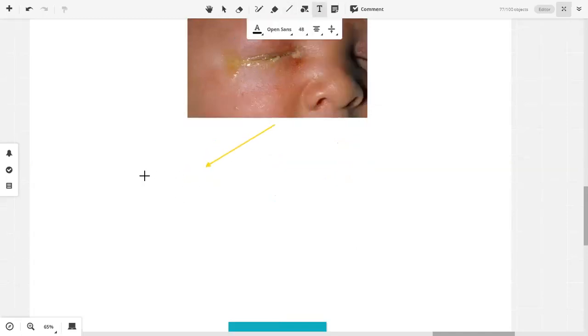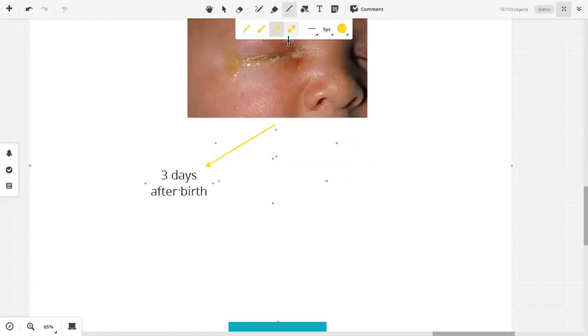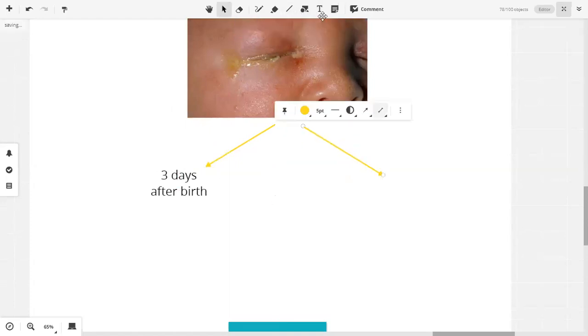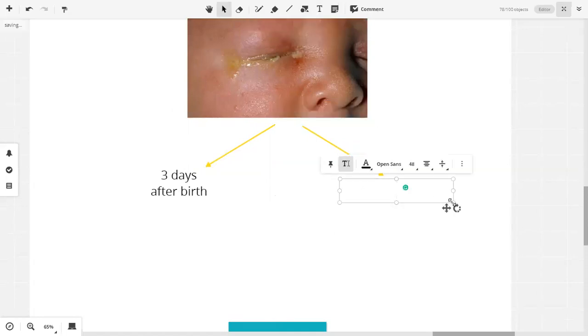In our first case, 3 days after birth. And in our second case, the same child is presenting to you 1 week or let's say 10 days after birth.